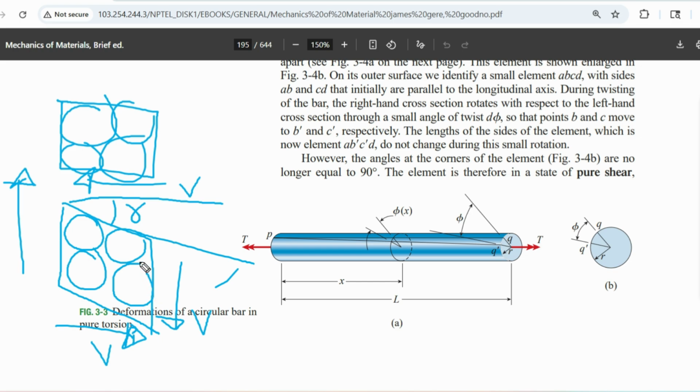You can only make a small deformation before the thing becomes bent.